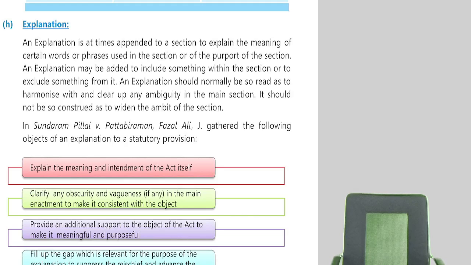That's the last point. Point number 3. Write down. Explanation should be used to clear the ambiguity in the main section. Ambiguity means doubtfulness. There is a word, you don't know the meaning. Clear that ambiguity.